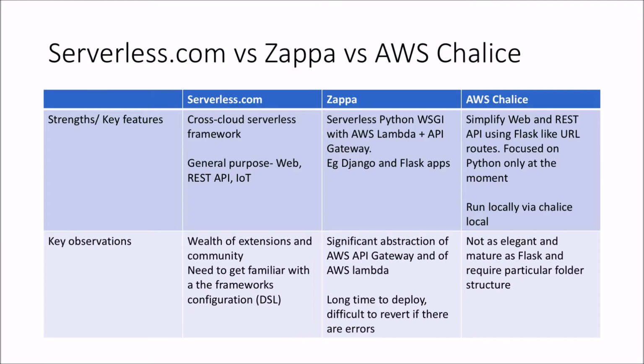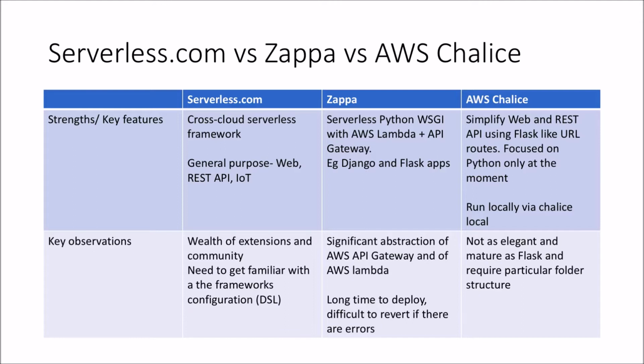And then finally, we have solutions like AWS's native Chalice. While Chalice is relatively new in the market, they've moved fairly quickly in the past couple of months. And again, like Zappa, they tend to be very focused around delivering web and REST API. At this point in time, they're really only focusing on Python, and you don't have solutions for Node.js or various other languages, so it's very centric to Python.